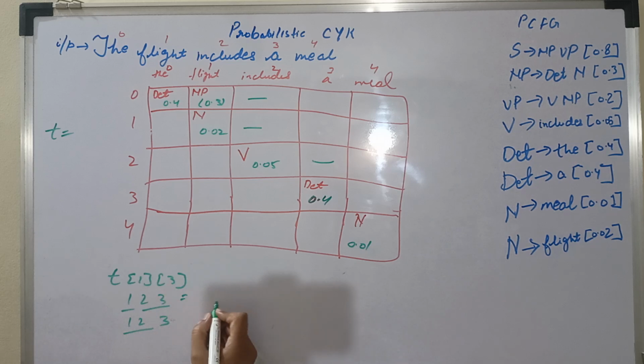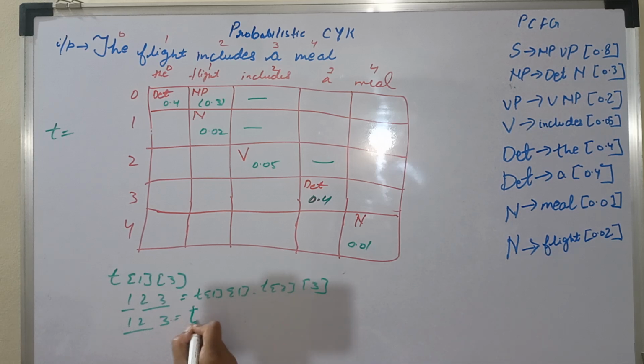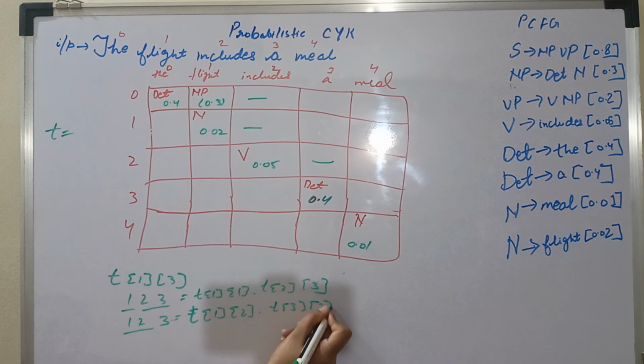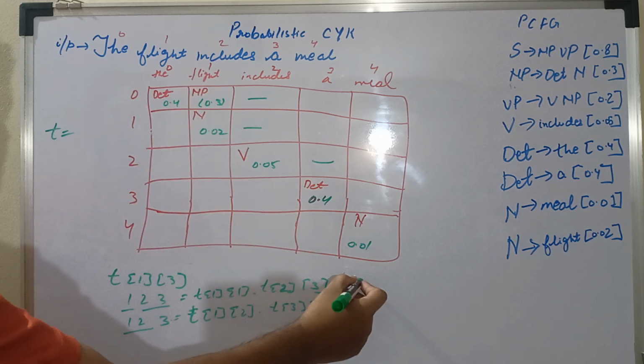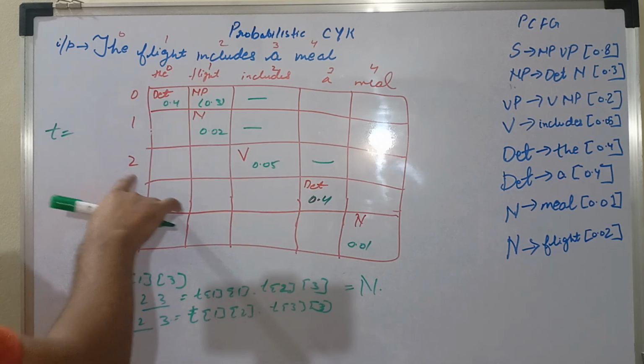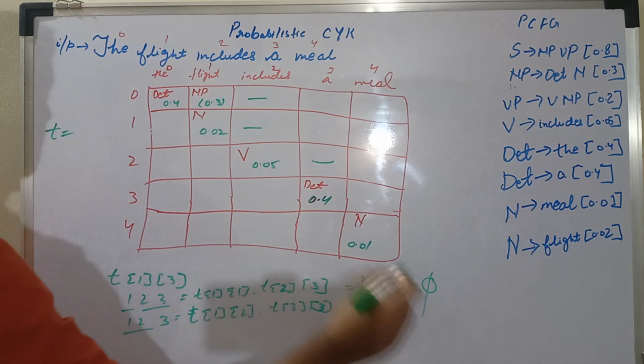So this becomes T11 and T23, and this one becomes T12 and T33. Here T11 is N, and 2 3 is again 5 or null, so this becomes 5.